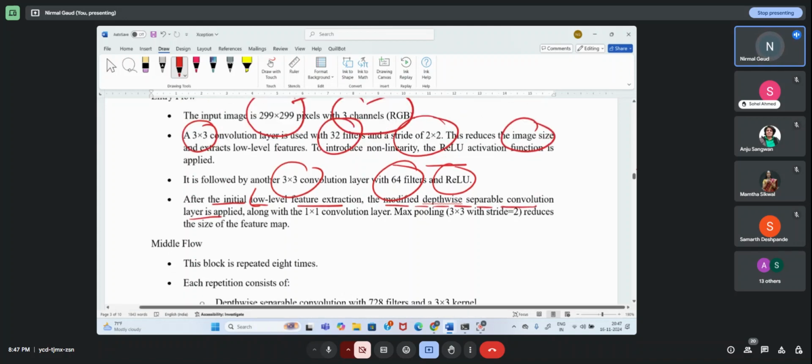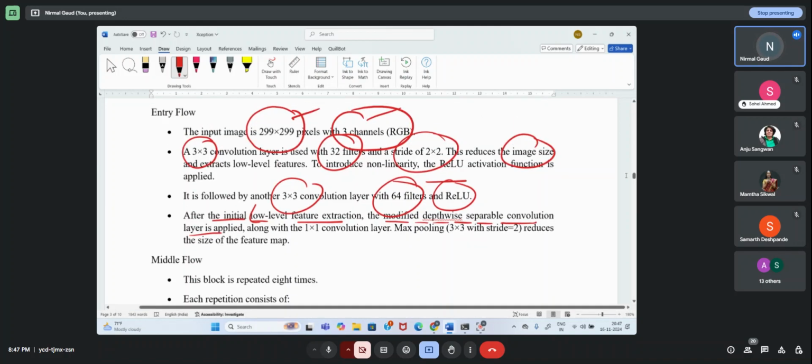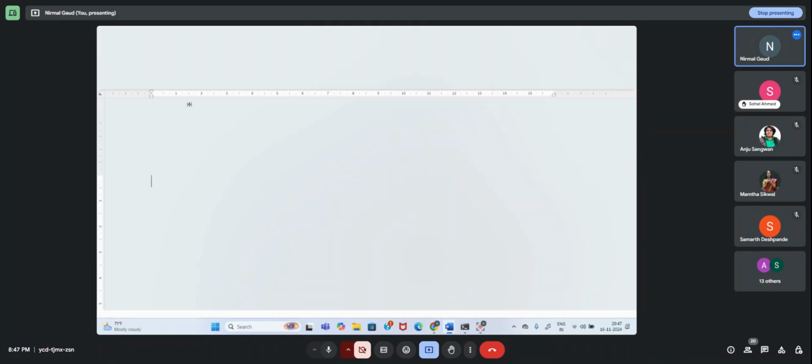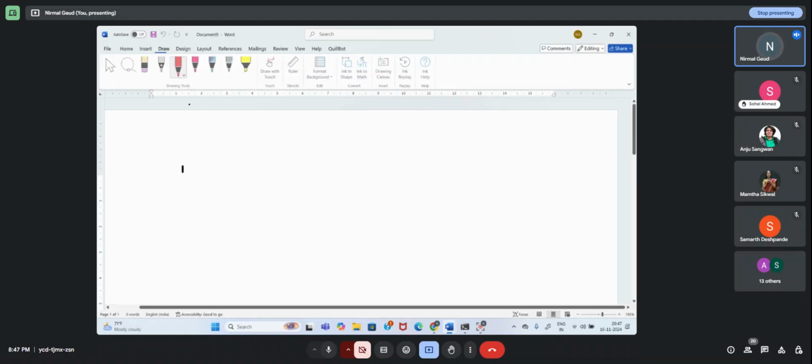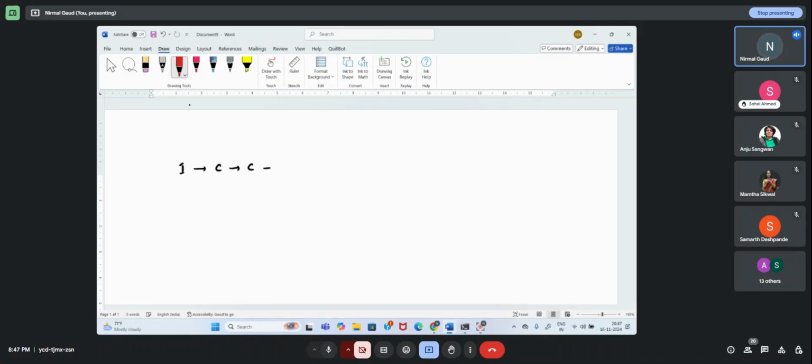So initially you perform a normal convolution as you do. You have an image, you give it to convolution. Then after that, you have to perform depthwise.